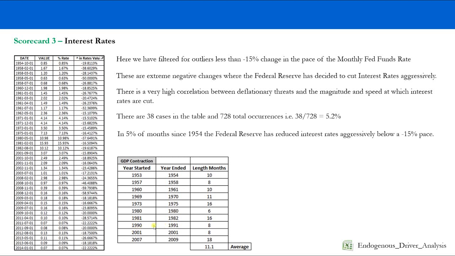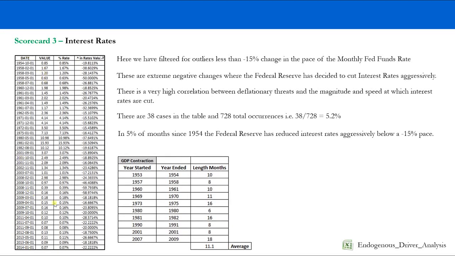We have in 1990, this is one of our anomalies, 1990-91, there weren't very aggressive cuts in response to this GDP contraction. In 2001, there certainly were, and we can see that in October and November in response to September 11th. And in 2007-2009, the last financial crisis, we can see very aggressive pace cuts coming in 08-09, and even aggressive pace cuts coming recently.